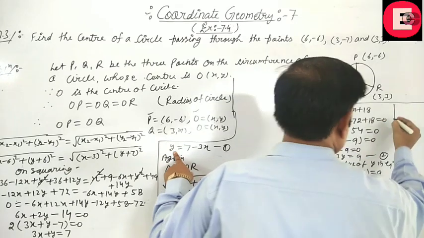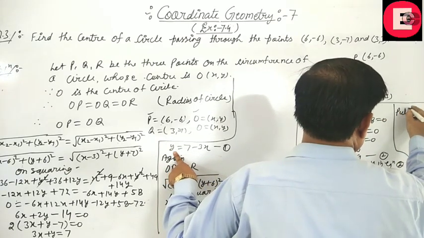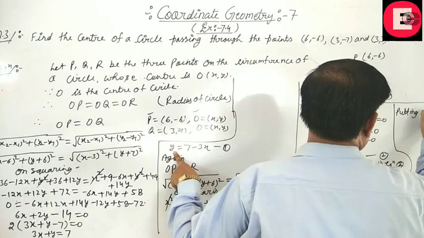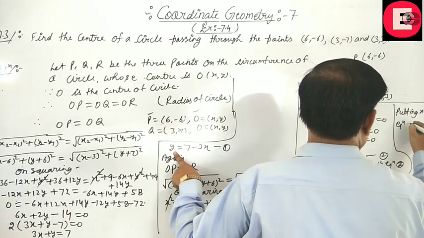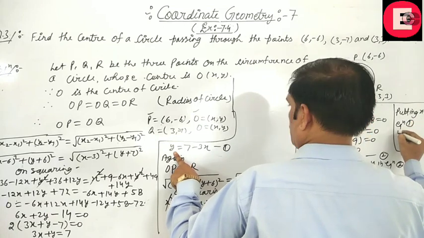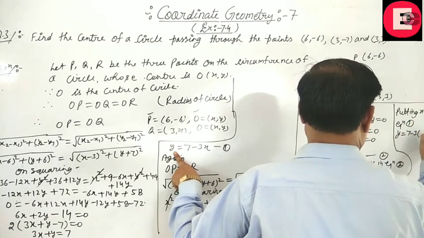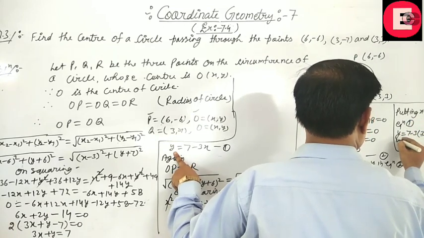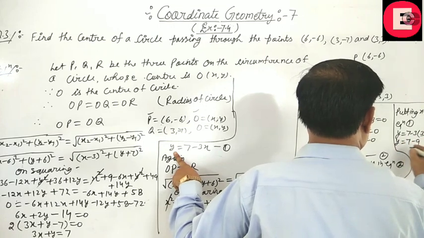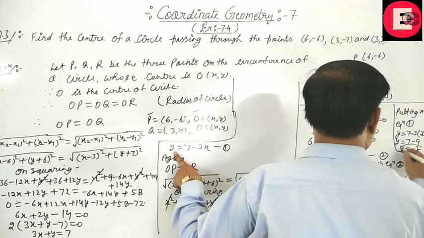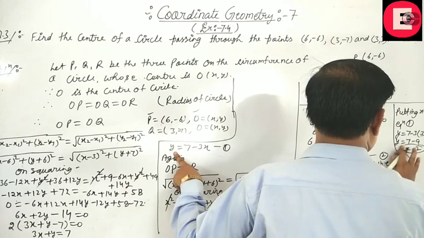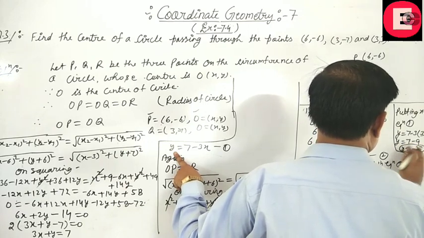Putting x is equal to 3 in equation 1, y is equal to 7 minus 3 times 3, which is 9, then y is equal to 7 minus 9, and y is equal to minus 2.